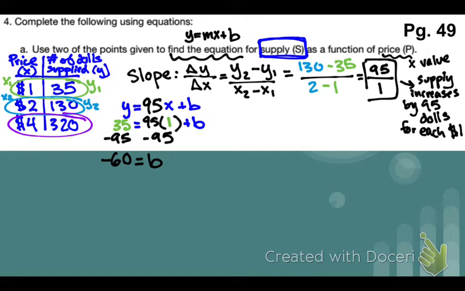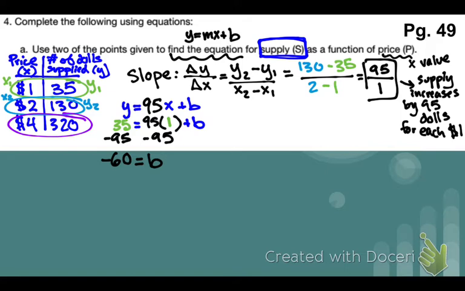It's price. What does our x equal for our y-intercept? 0. So our y-intercept is going to be the number of dolls supplied when the doll costs $0.